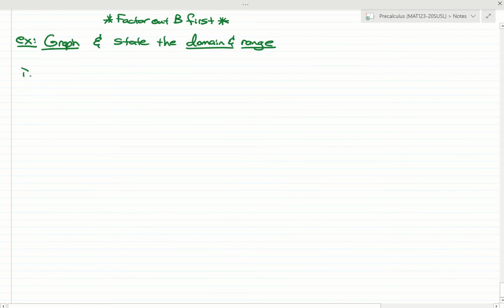First one says f of x is equal to 2 to the x plus 1. Okay, well, our parent graph of 2 to the x would look like this, with the asymptote along the x-axis. Putting a plus 1 here moves the whole graph up 1.